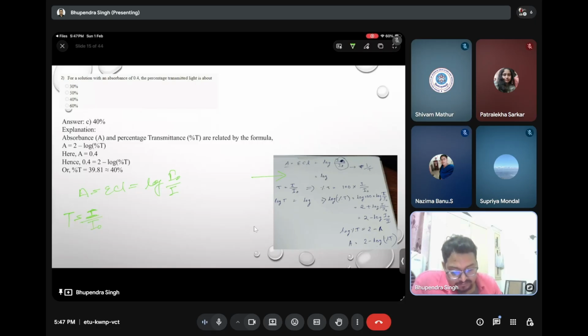Then if you substitute this here, A equals minus log T, and percentage T will be 100 times I by I0. They are asking for the percentage transmitted.